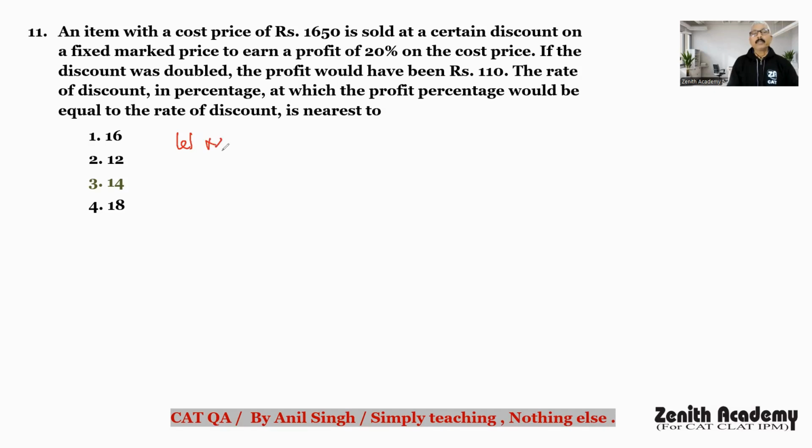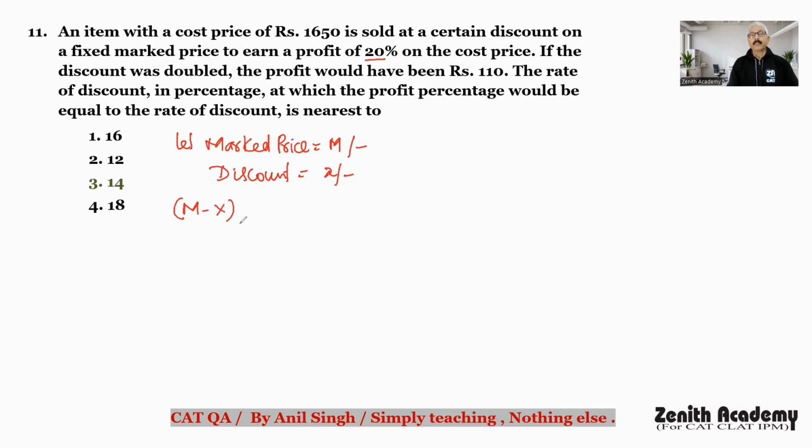Let the mark price be M rupees. And here it is given a certain discount. Suppose the discount offered is X rupees on the mark price. So finally, the selling price is M minus X rupees. And this selling price actually earns a 20% profit on the cost price.